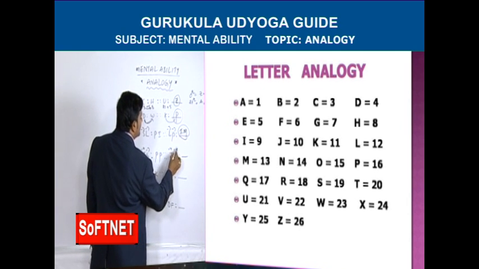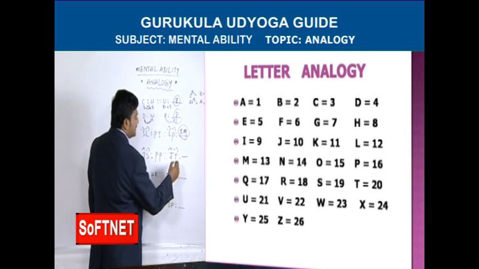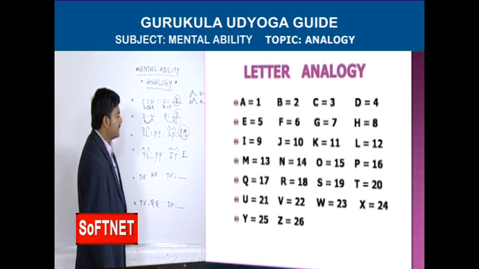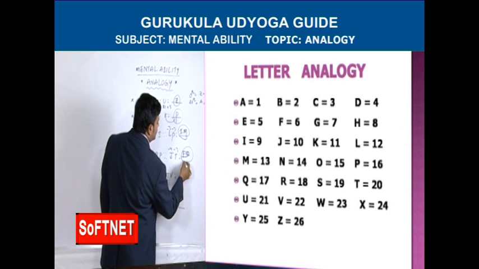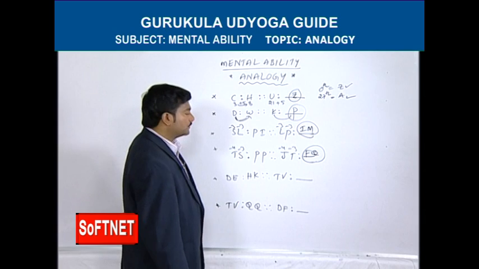Simply apply the same concept here. J means 10, 10 minus 4 is 6, the 6th one is F. Again T means 20, 20 minus 3 is 17, the 17th one is Q. Hence the answer for this question is FQ.